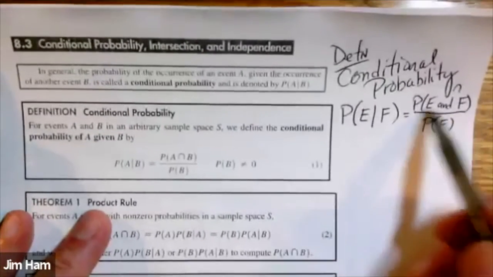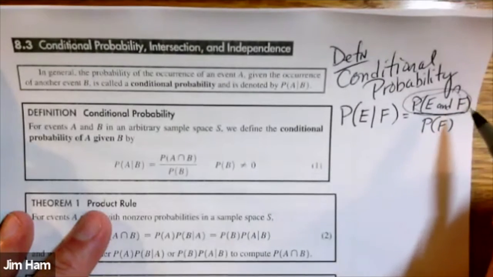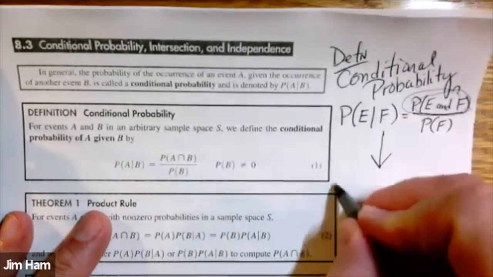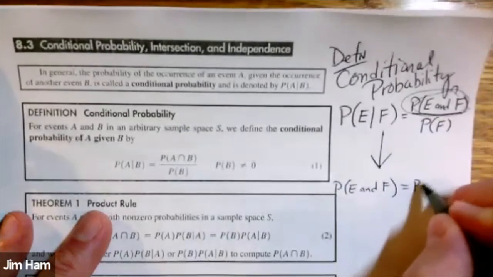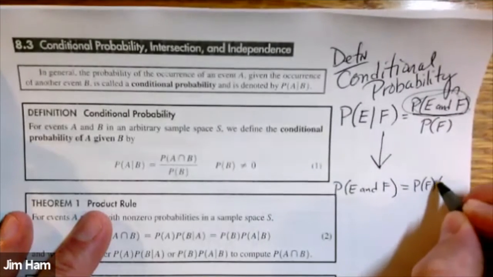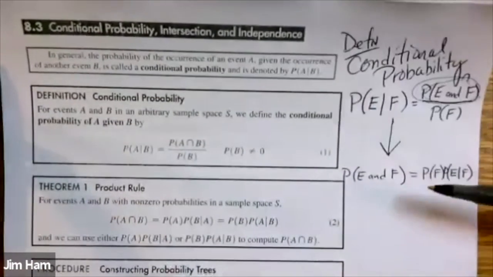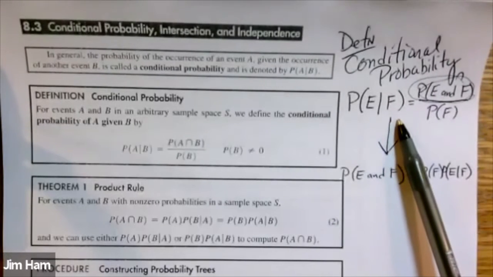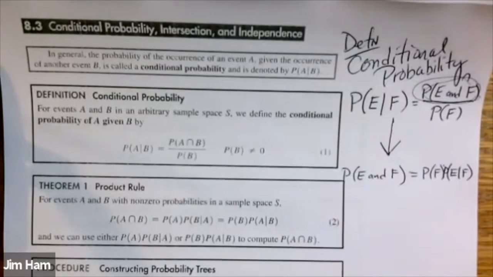If you solve algebraically for this numerator here, what you would do is you'd multiply both sides by the probability of F. And you can see that using algebra, the probability of E and F, which is the intersection, is equal to the probability of F times the probability of E given F. So both of these two formulas are equivalent to one another. This one we call the conditional probability formula, but this one we call the product rule because it involves a product. But they really are the same.